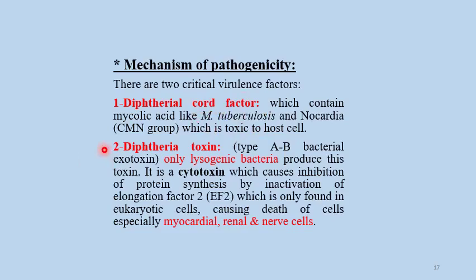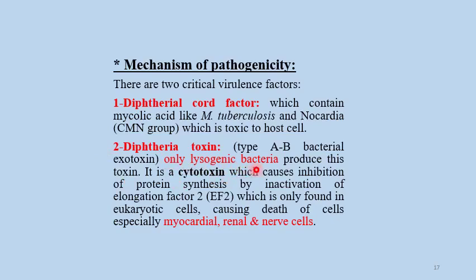Sorry. Diphtheria toxin is a type AB bacterial exotoxin, the toxin we talked about in our first lecture, where we were supposed to see a video showing the mechanism of the exotoxin. It's also lysogenic, only produced by lysogenic bacteria.